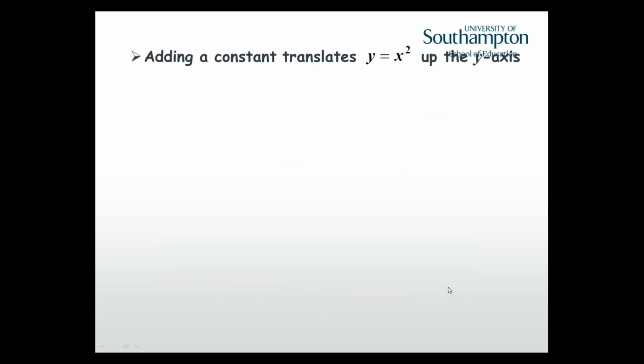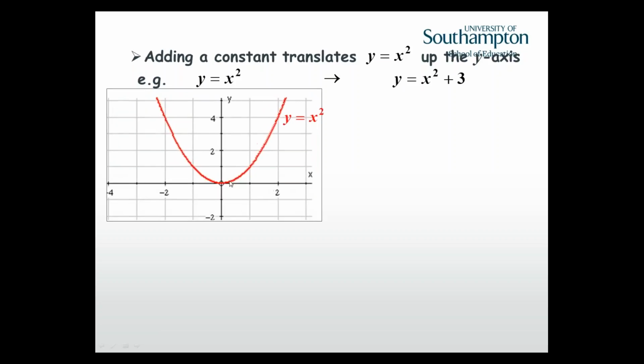Now, if I add a constant to x squared, so it's simply x squared plus 3, these are my y coordinates, x squared. If I add 3 to each of them, I add 3 to all the y coordinates, and therefore it moves all of them up by 3. So where my y coordinate for 1 was 1, if I add 3 to it, it will now be 4.